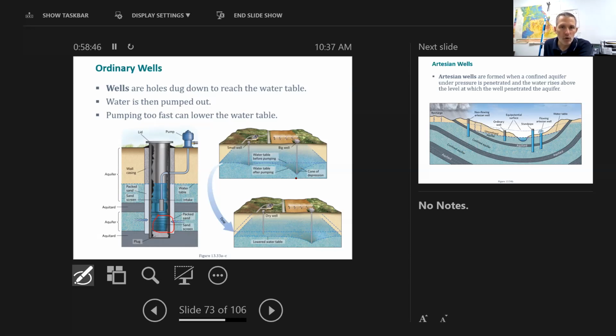And so this cone of depression, in this example, we have two wells with two different cones of depression. Note the well on the right is a larger well, so it's taking more water out, and so the cone of depression is larger. And so in this image over time, what happened is this cone of depression actually diverted the water and lowered the water table so much that the cone of depression's impact is actually causing this secondary well, this shallower well, to go dry.